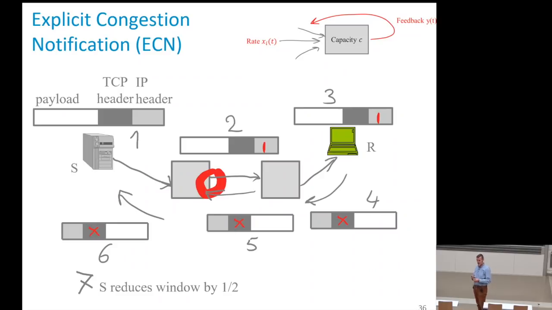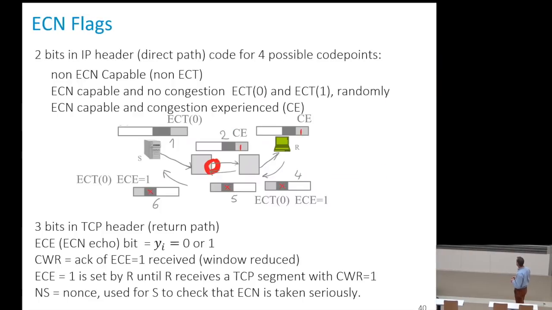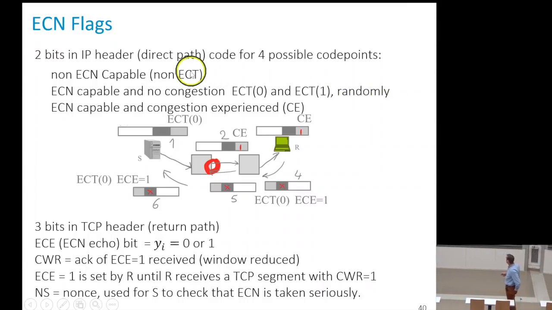So what does it tell us? Well, it tells us that you should not only mark a bit in the header, but you should also know whether this TCP connection is reacting to ECN or not. So you need this, and this is why in the ECN flags that we have in the IP header, we have in fact several things.